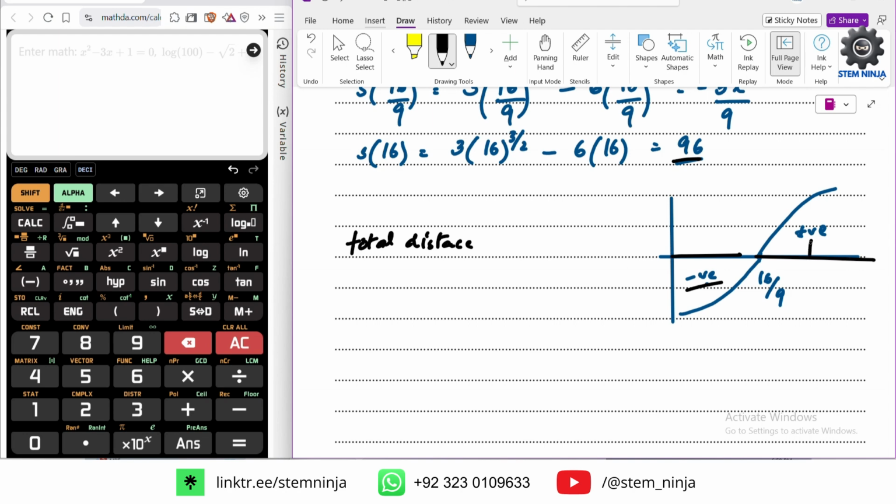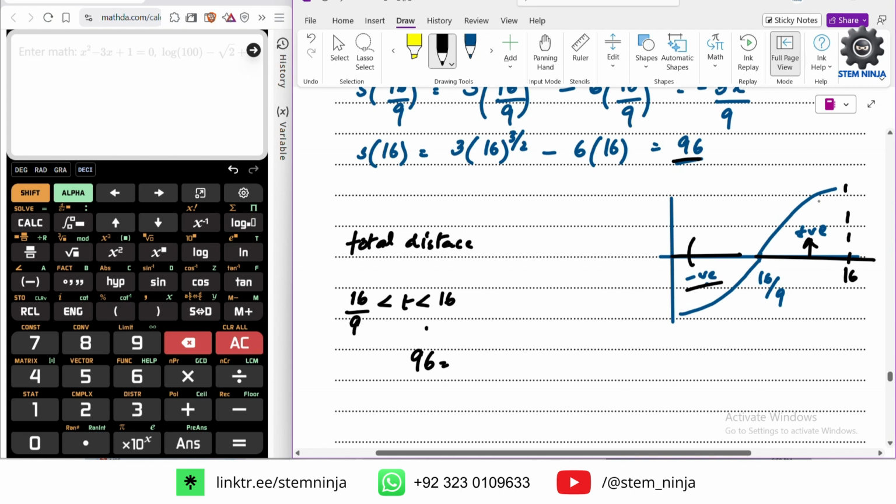We need to figure out what this particular area is, up to 16, between 16 over 9 and 16.